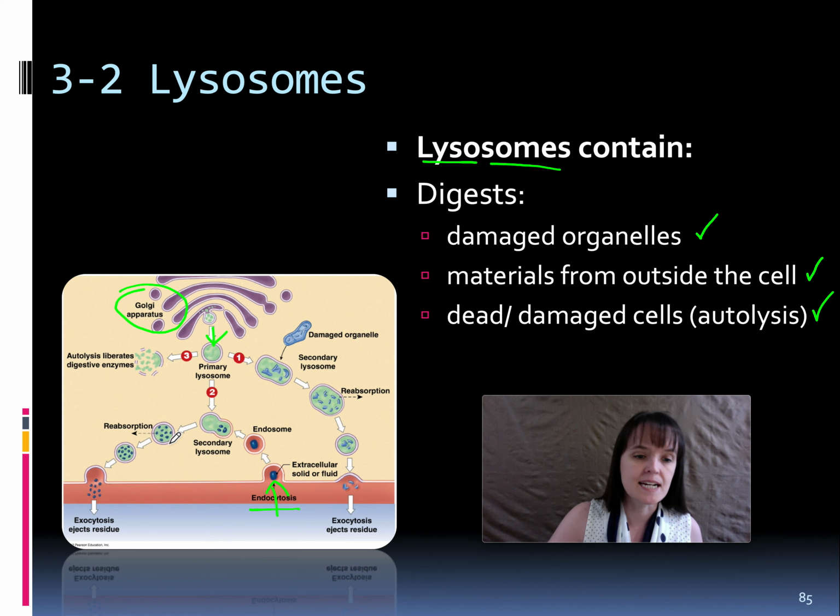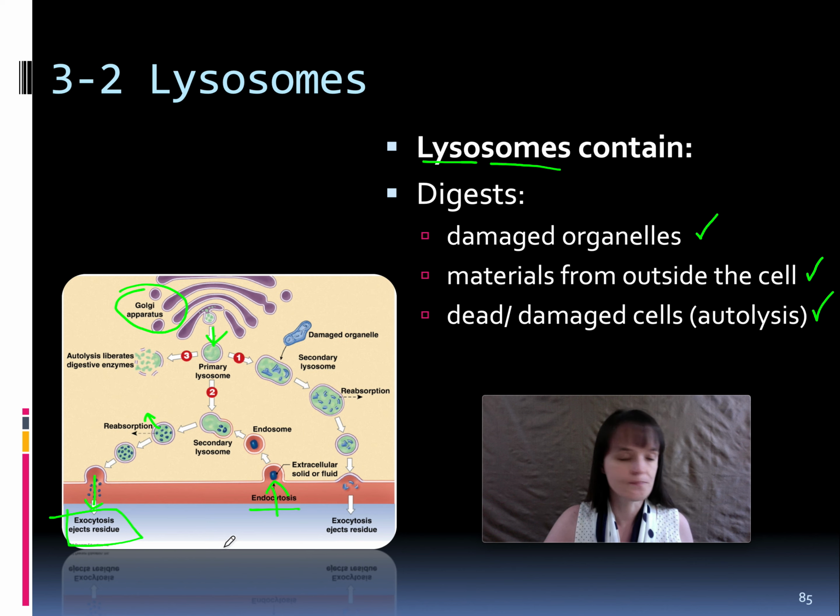And then it digests it, and the nutrients are reabsorbed back into the cytosol so that your cell can use them again. And then the wastes are pooped out, and exocytosis is cell pooping, which we'll cover later in the chapter.